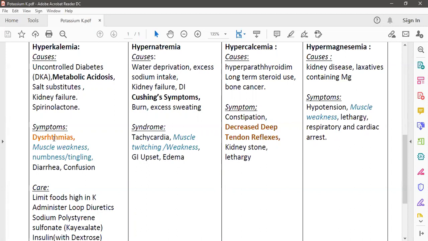The NCLEX board frequently asks this question. If my patient has hypokalemia, I have to check whether my patient takes any kind of heart medication like digoxin or digitalis. If they take it, we have to tell the healthcare provider, because the hypokalemia condition increases the risk of digitalis toxicity.